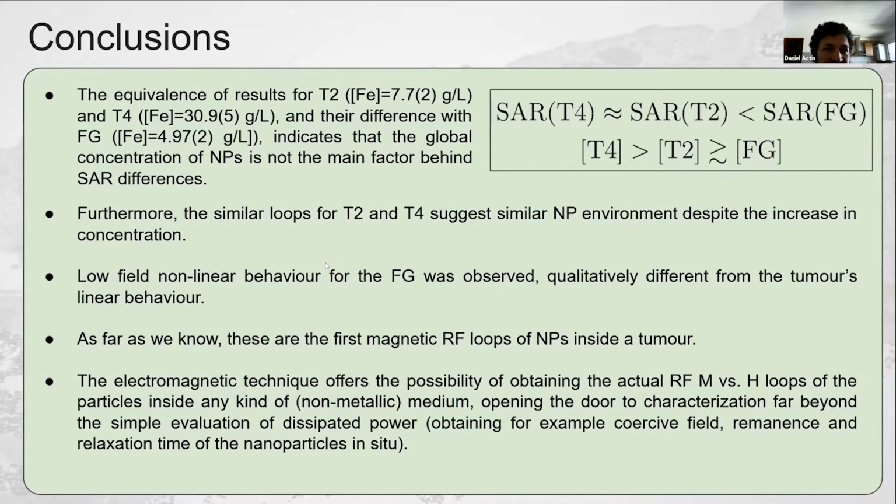In regards to the electromagnetic technique, as far as we know, these are the first magnetic radiofrequency loops of nanoparticles inside the tumor, which is something in itself. And this technique allows us to measure the actual magnetization versus field loops of magnetic nanoparticles inside any kind of non-metallic medium. So we are really accessing the nanoparticles' instant response to the radiofrequency field.